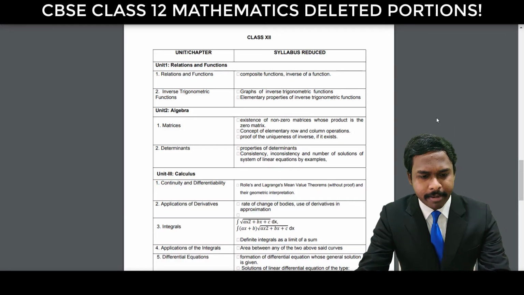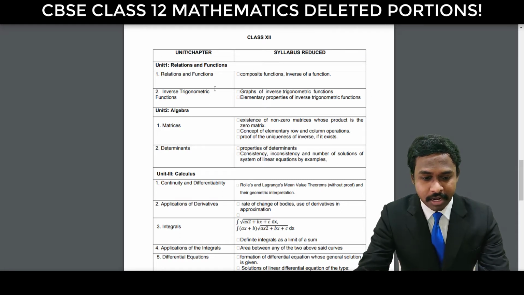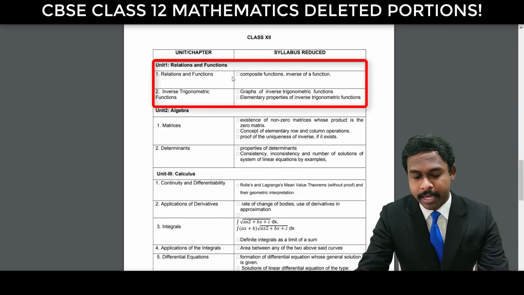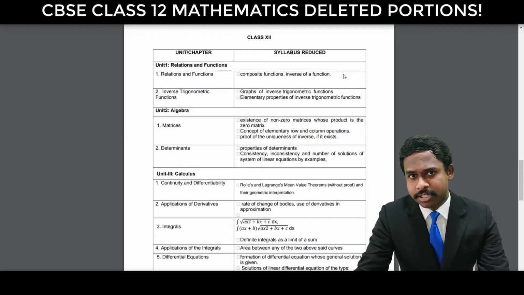Right now, I'm on my computer. As you can see, these are the portions which are deleted. Relations and functions is the first unit, in which we have two chapters: relations and functions, as well as inverse trigonometric functions. In relations and functions, composite functions and inverse of a function are removed.